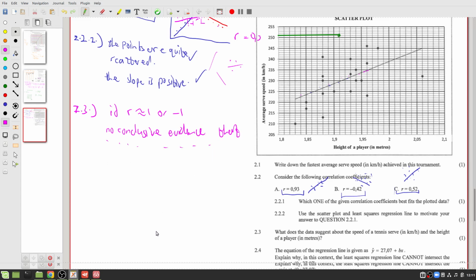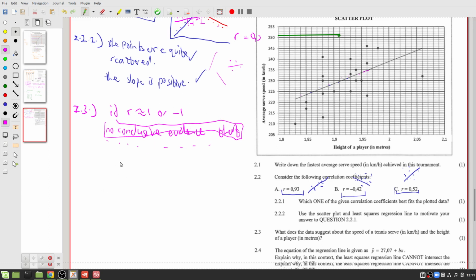Or you could say it's possible but we're not sure yet, but it's definitely not conclusive. So I think the best line is to just say there's no conclusive evidence because R is quite far away from 1. If it was very close to 1 or very close to -1, you could say it definitely has an impact.